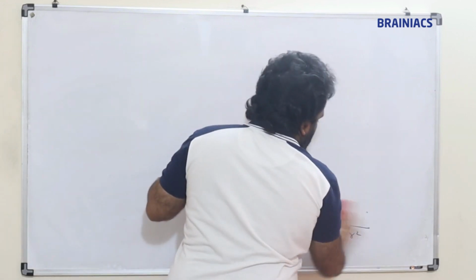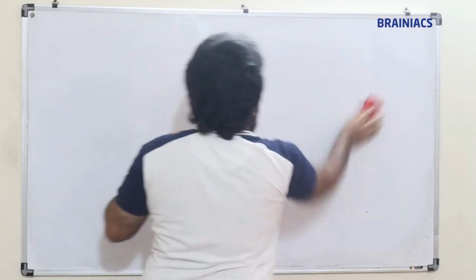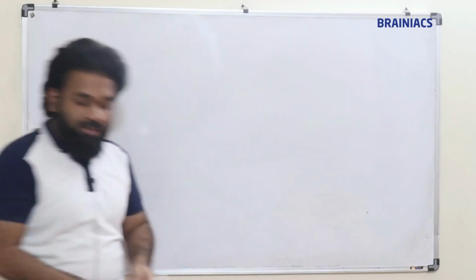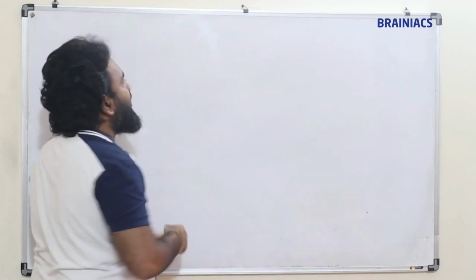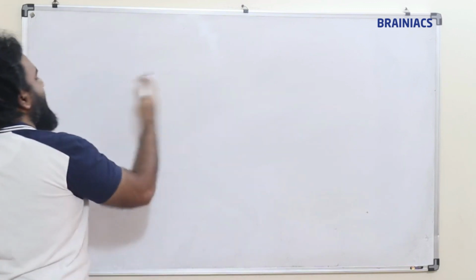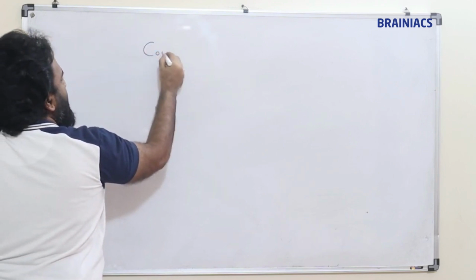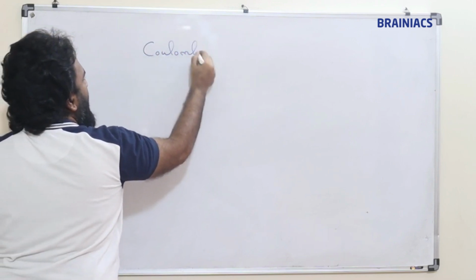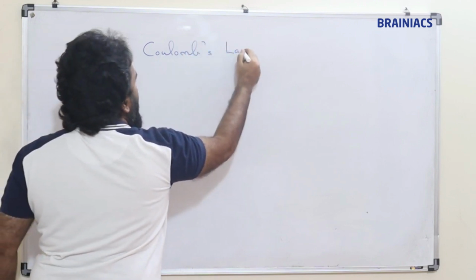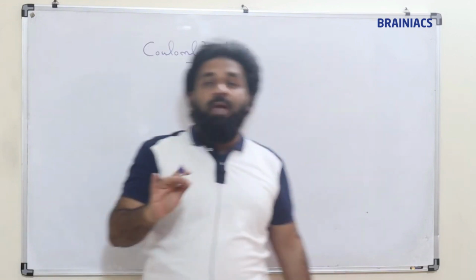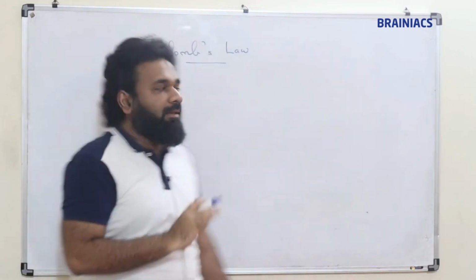Coulomb's law we have studied in the chapter on electric charges and electric field, the first chapter of electrostatics. There we have studied Coulomb's law. Now we didn't get any such law so far with respect to magnetism. So here we will be getting that.